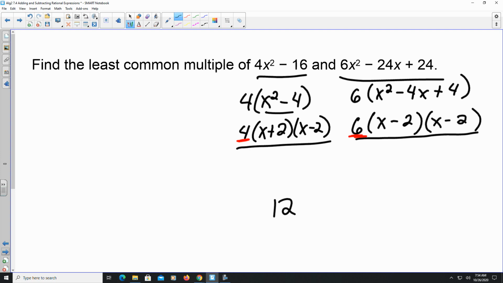But now I'm going to look at the variable terms here and here. So I notice that I have x plus 2, so I'm going to write that in, x plus 2. And then over here I have x minus 2. So if you look on the other side, I actually have a repeat of x minus 2.